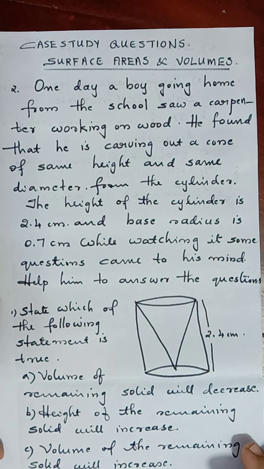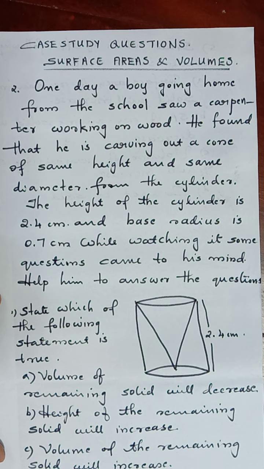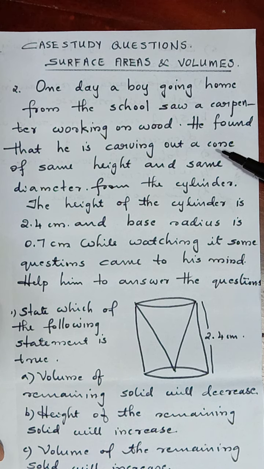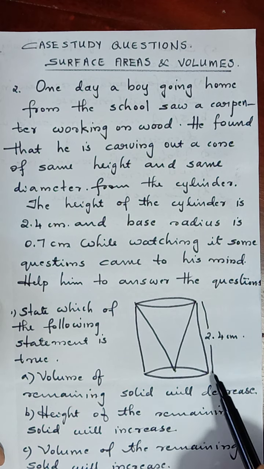We'll discuss the second question under case study, surface areas and volumes. See the second question. One day a boy going home from school saw a carpenter working on wood. He found that he is carving out a cone of same height and same diameter from the cylinder. We can see the figure. There is a cylinder.